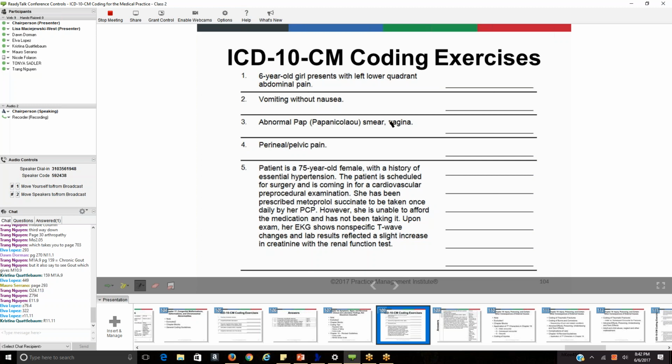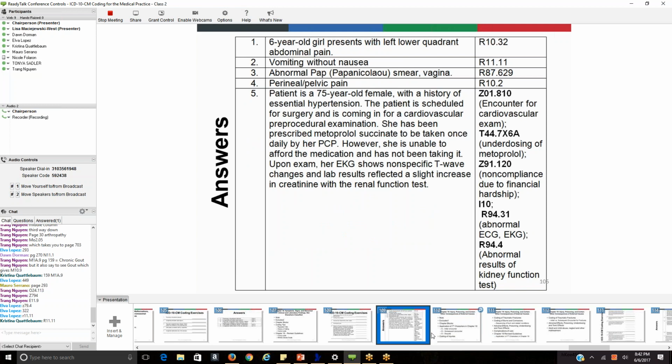R11.11. Let's take a look at it. R11.1 is vomiting. R11.11, vomiting without nausea. Perfect. Okay.